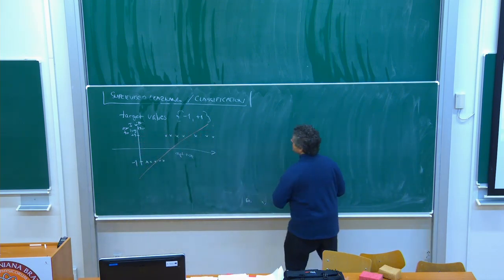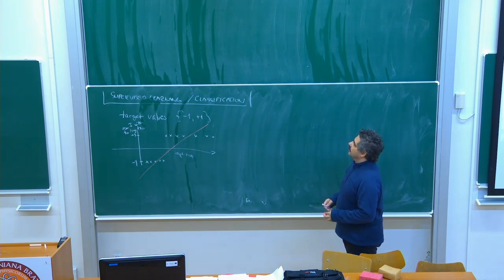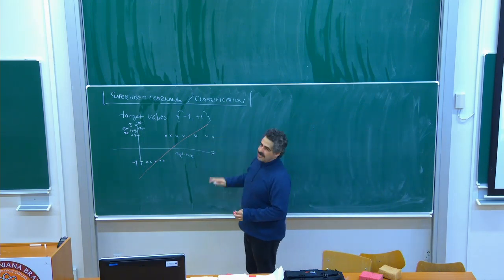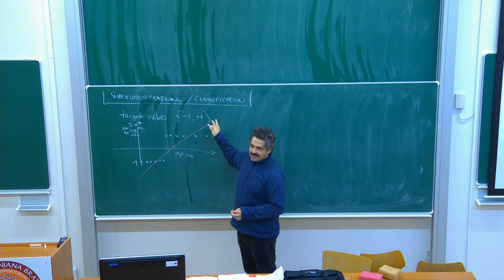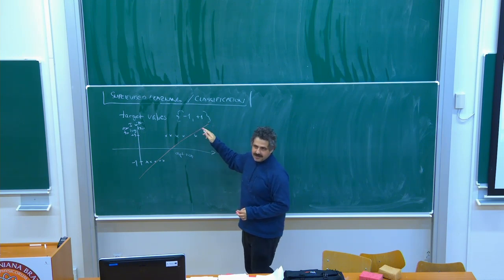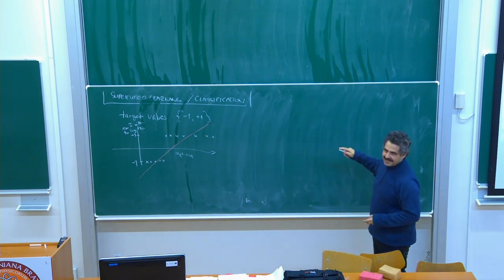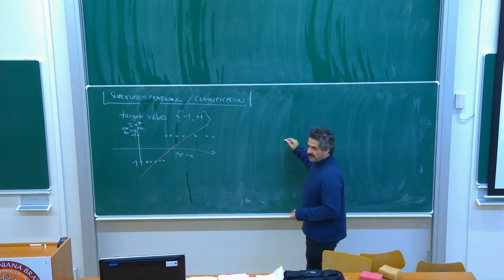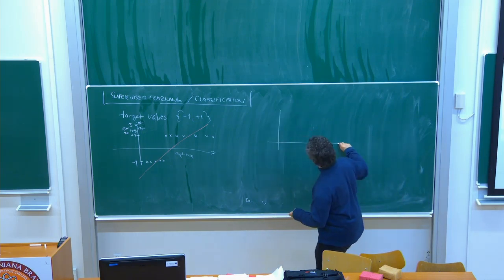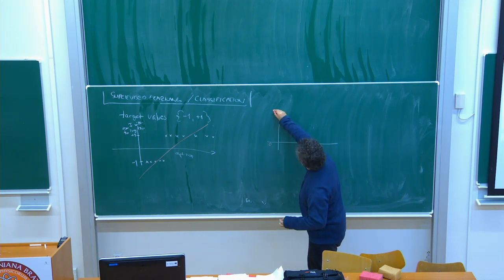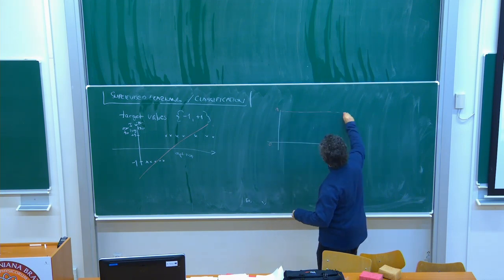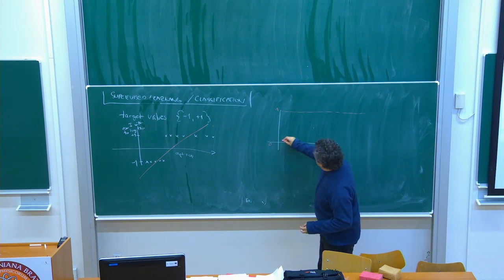The problem with this classification thing is that you sometimes want to use -1, +1, and sometimes 0, 1. So now we switch to 0, 1, okay? So what's the sigmoid function? The sigmoid function looks something like this. It's a function that is between 0 and 1, okay?